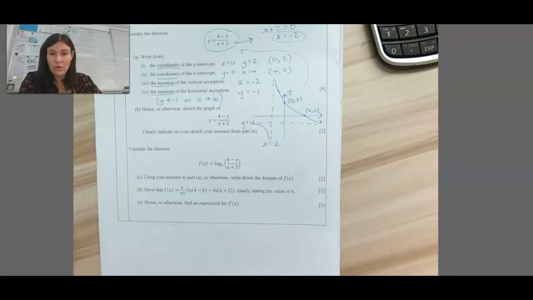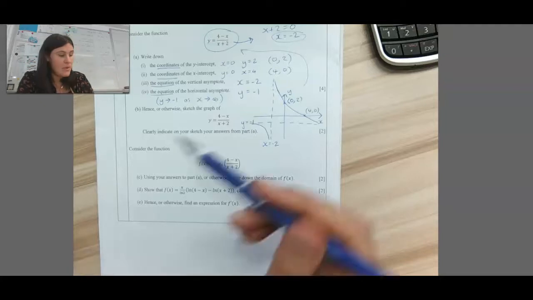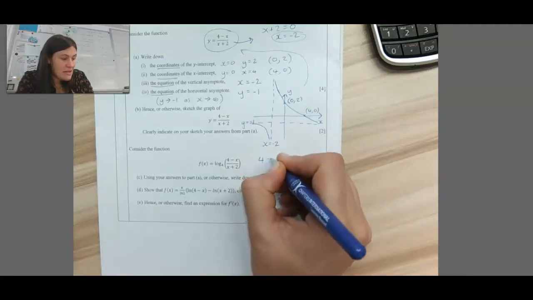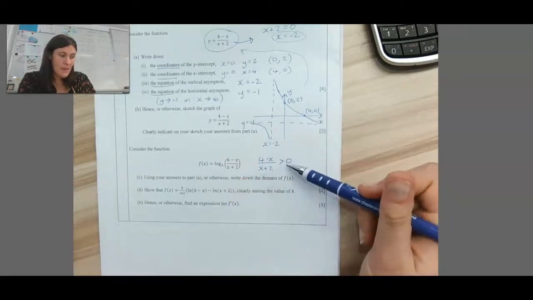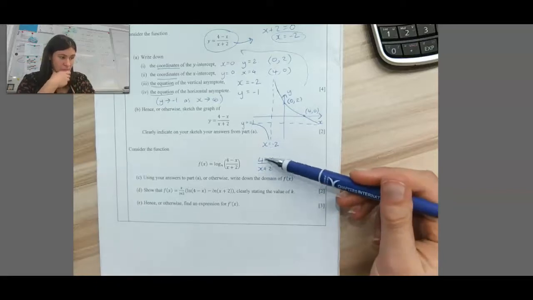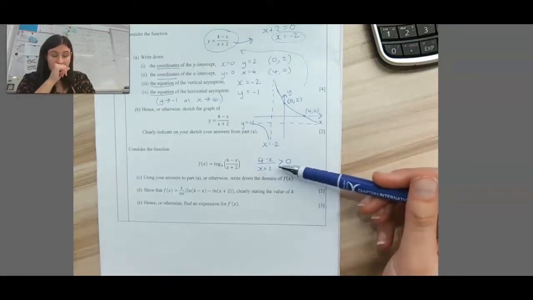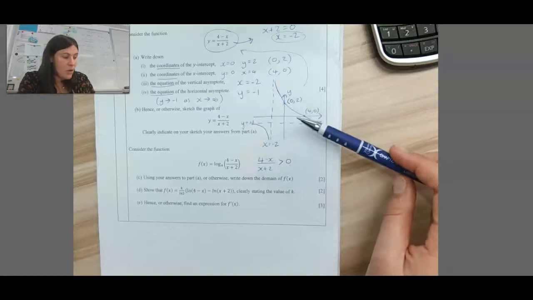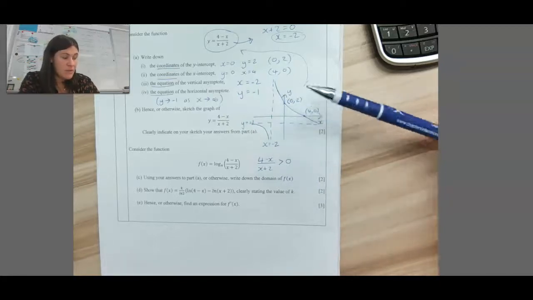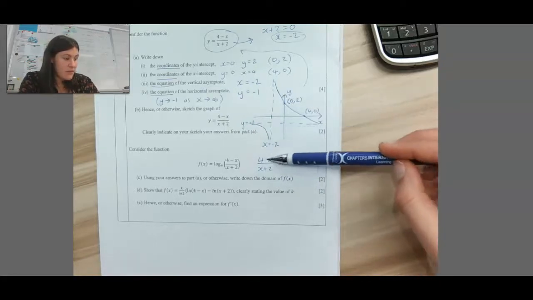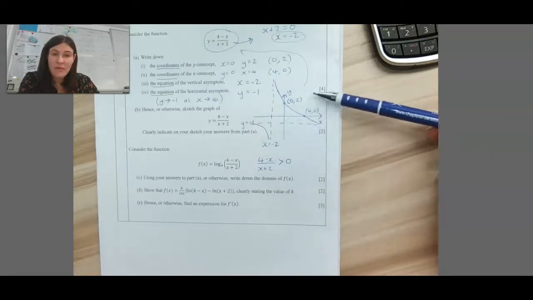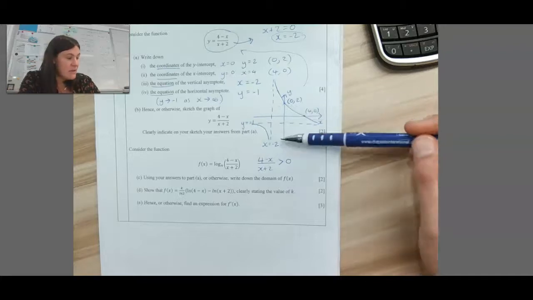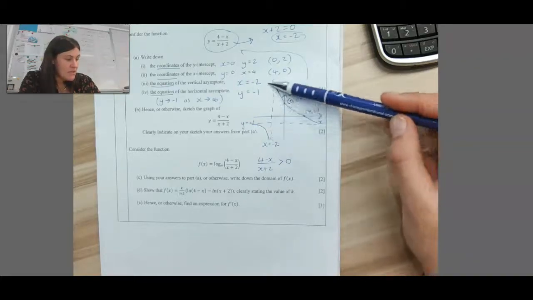What do we know about log? Well, we know you can only take log of a positive number. So we need 4 minus x over x plus 2 to be positive. Okay, well, we could solve that as an inequality algebraically, or we could use our graph to say, okay, well, this is the graph of 4 minus x over x plus 2. When is it positive? When is it above the x-axis? Well, I can see here that it's positive for this bit here.